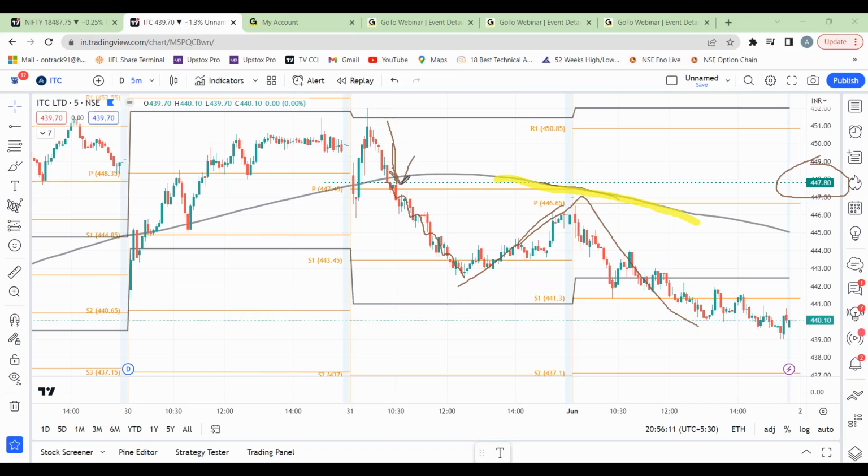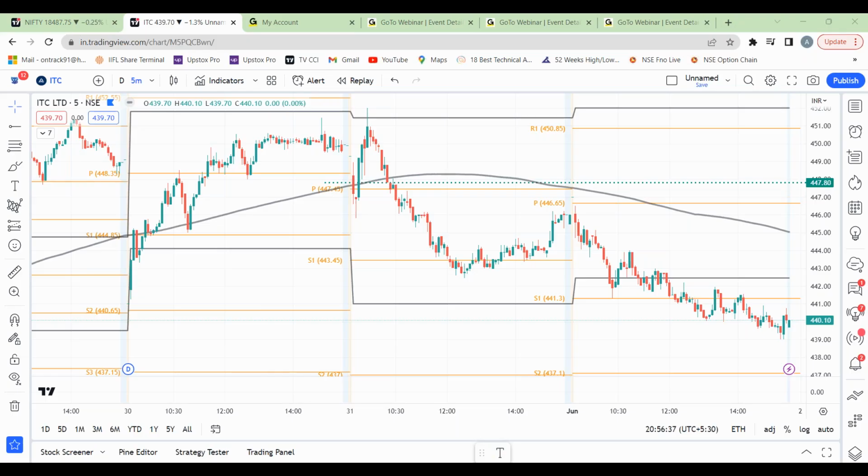Below this, it will be safer to enter a sell, and on any retracement you can again look for sell opportunities. So both buy and sell you can plan in a similar fashion. This is just for trend confirmation.